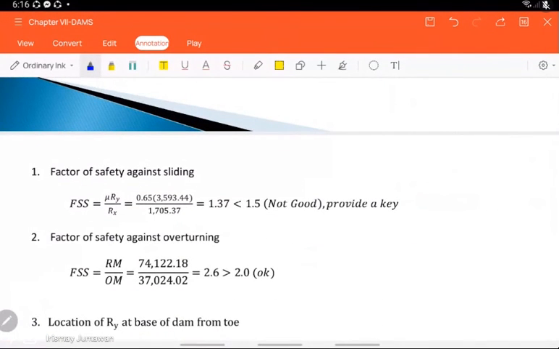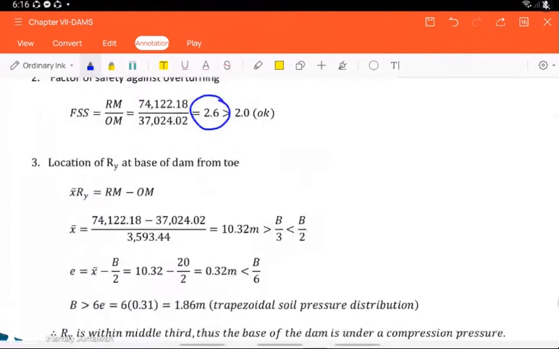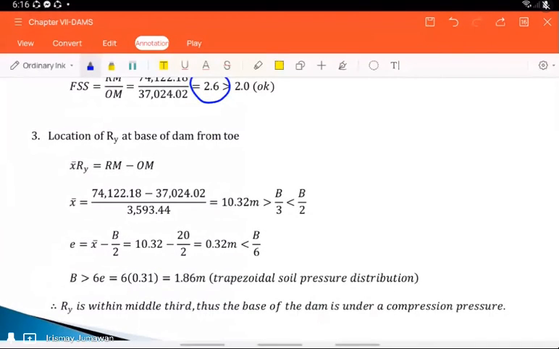So, we found out that it is less than 1.5, so that is not good. So you have to put a force here for the location of the RY.